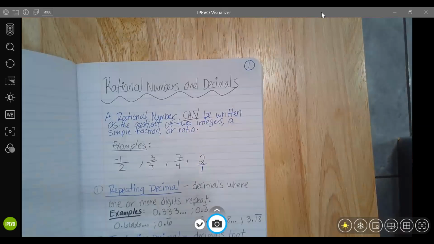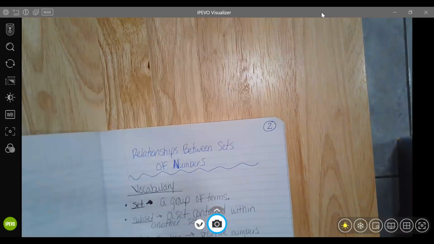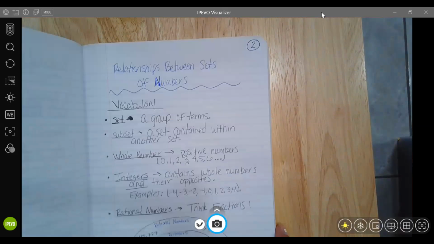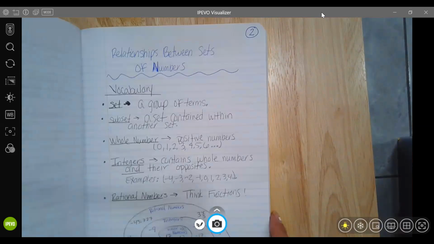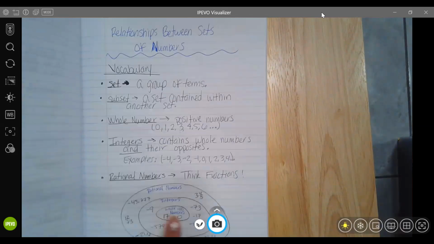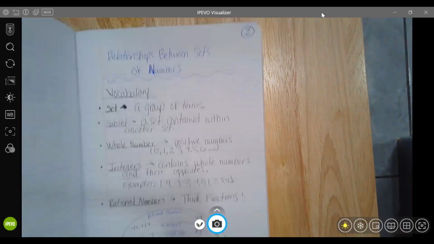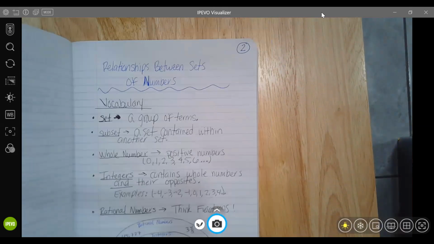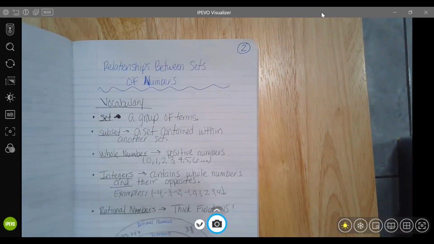Now page 2 is going to be something like this. We're going to go over the vocabulary words in the PowerPoint, and you're going to do this Venn diagram at the bottom. So again, I will leave it here so you can pause, take the notes down.